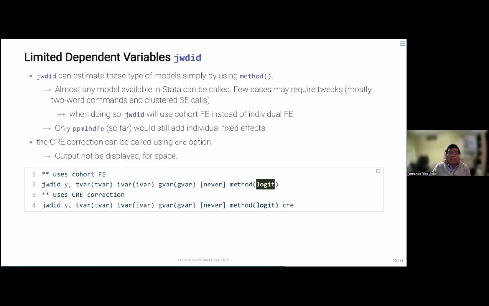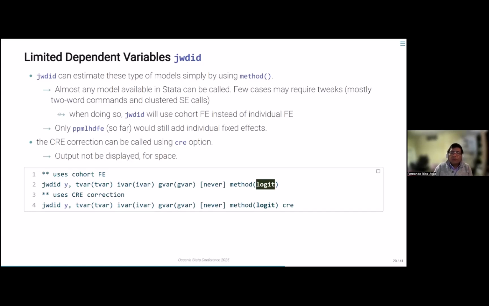One of the problems that I had earlier on, for example, was to use two-word commands like fractional logit to do the estimation. And for all the estimation methods that did not accept the cluster variable to cluster standard errors, they will require the VCE open parenthesis cluster variable to do this correct standard errors.